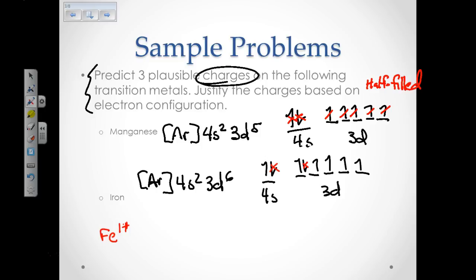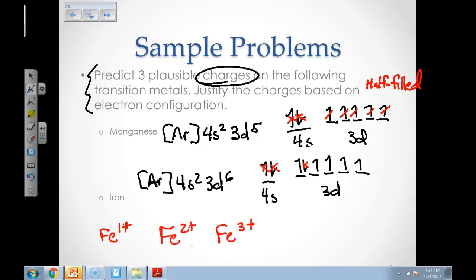But if we lose one from the S's, now we have a half-filled S and a half-filled D, and so that means that Fe 2 plus is possible. Can we lose a third electron somehow? Sure can. We can lose a third electron by removing that, so we can do Fe 3 plus.